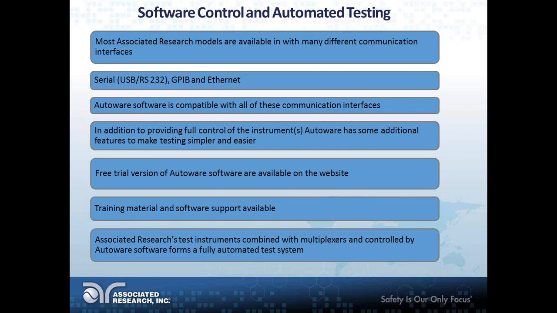You can transfer or export data to Excel files and so on. It allows you to print reports, use various filters to control your test reports, and overall it's a perfect system if you're looking for a fully automated test setup.